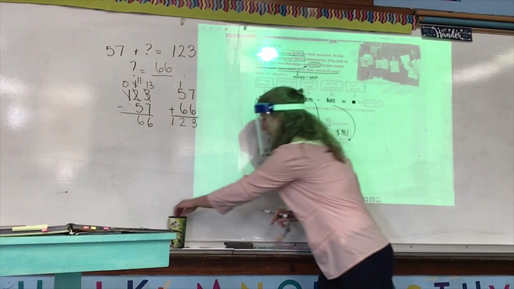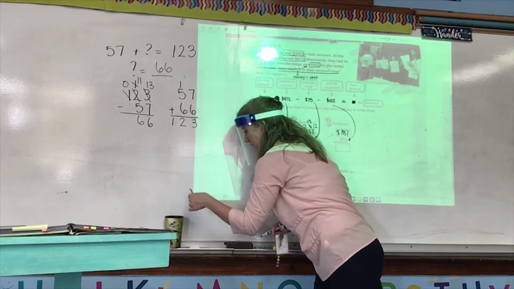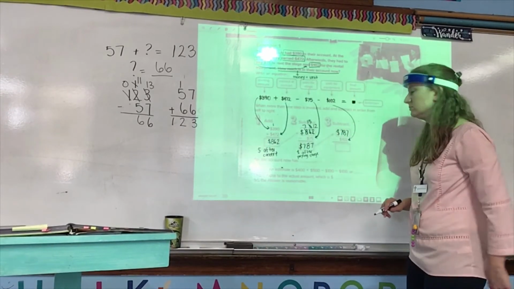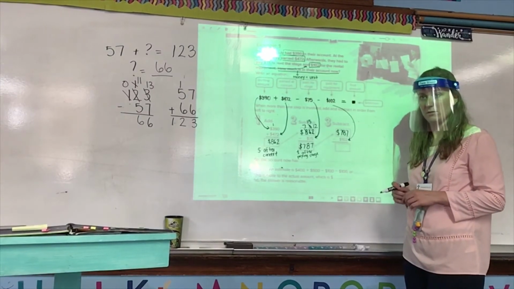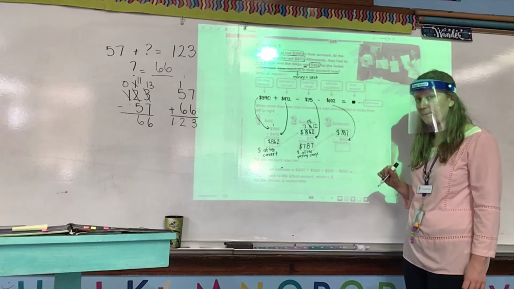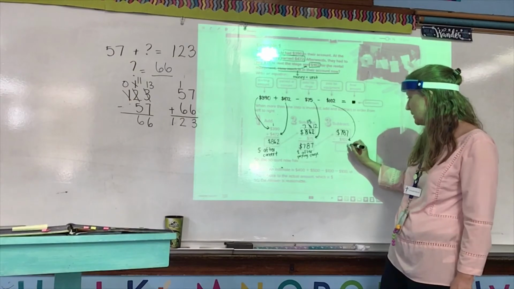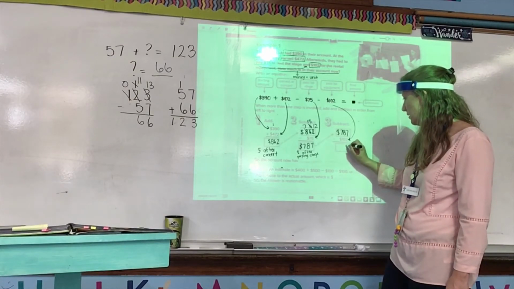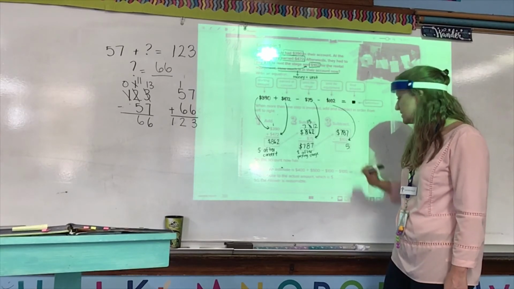So now, Victoria, I'm subtracting. Where do I start? 7 minus 2, can we do that? If we have 7 and we take away 2 ones, how many do we have left? 5. Step 2.